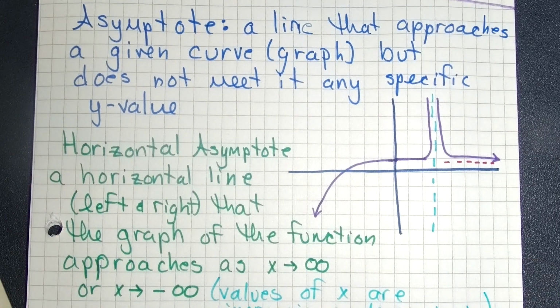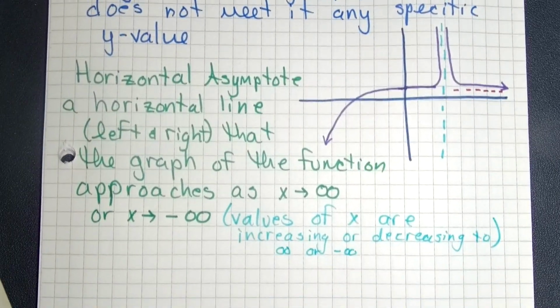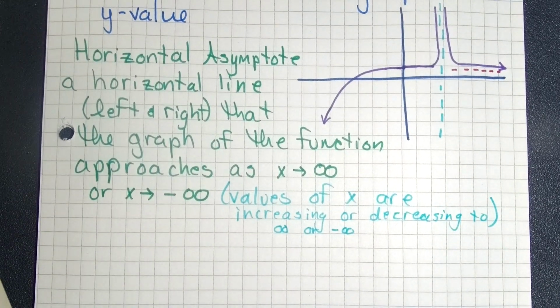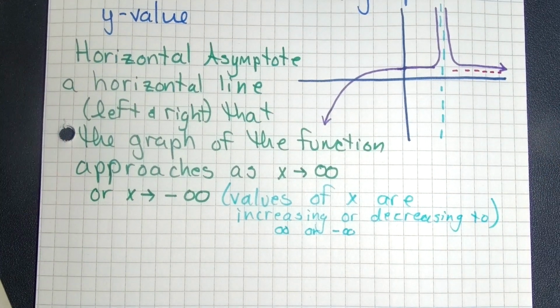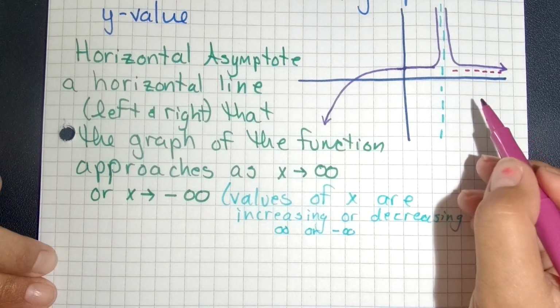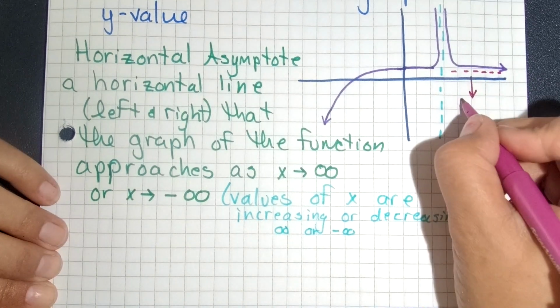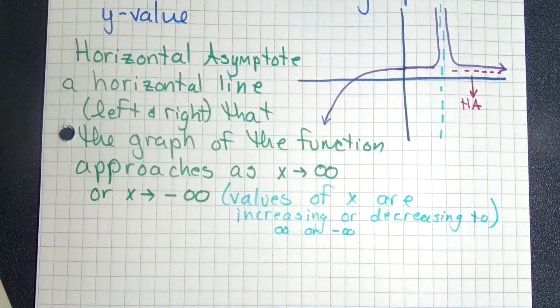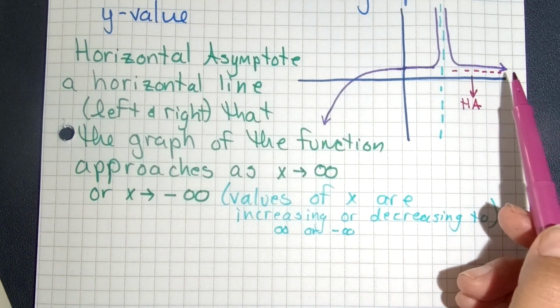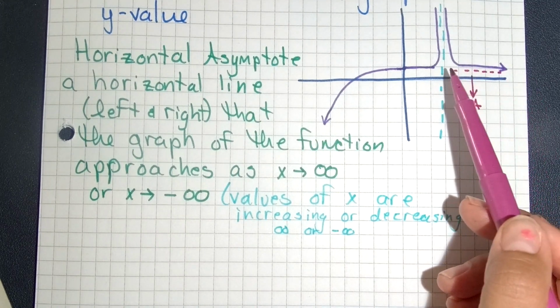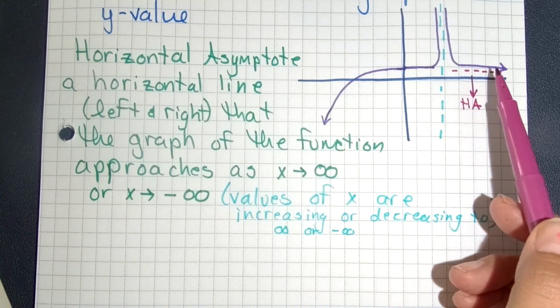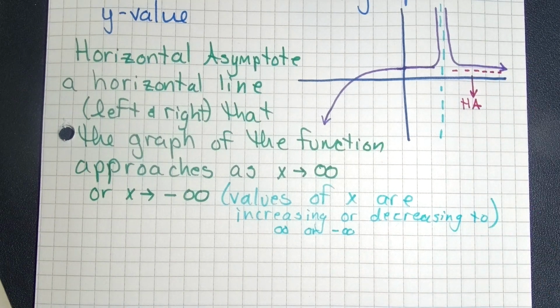That means they're getting really, really big or really, really small. So this right here, this purple reddish line is your horizontal asymptote because it's a line left and right and your graph is getting closer and closer and closer to it but doesn't touch it.